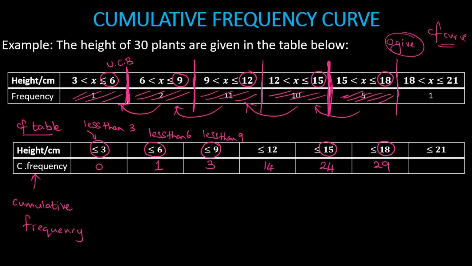And the last one, 21, it is here in the table. So the limit ends here. How many plants have a height less than or equal to 21? It's 1 plus the previous ones, meaning 1 plus 29, it gives 30.